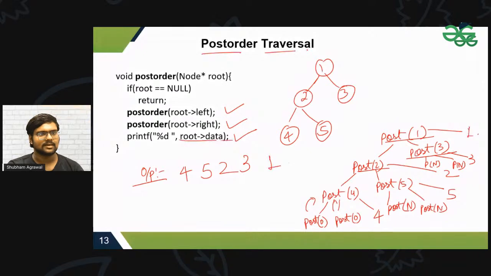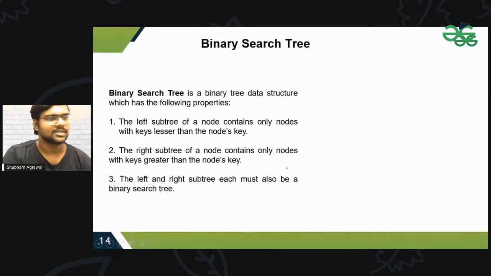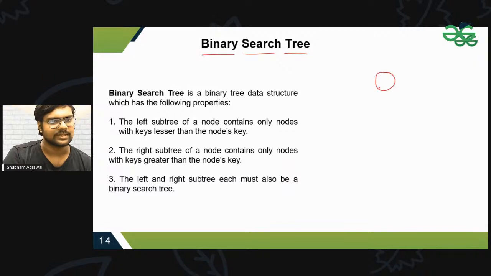Okay. So now let's see what is binary search tree. It is a very important topic. In a binary tree we have at most 2 children. In a binary search tree, it is a binary tree only, but with the following properties.